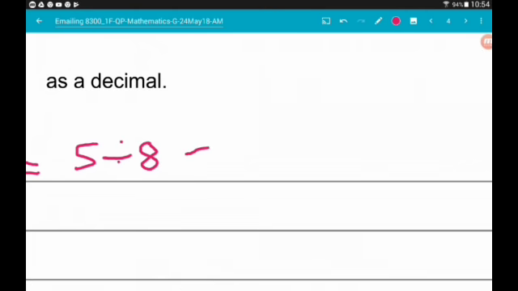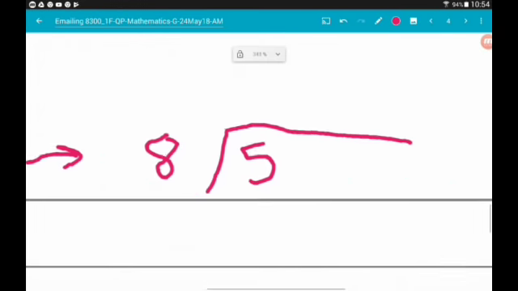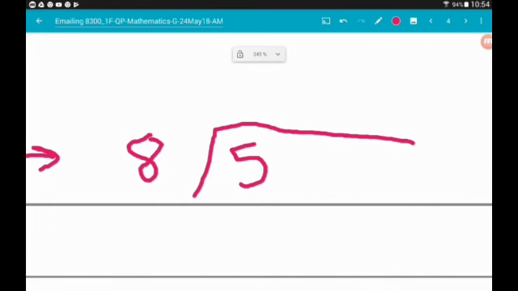So in the bus stop, we're going to have 5 on the inside, 8 on the outside. So how many times does 8 go into 5? It doesn't. So what we do now, after the 5, we put a point 0, and we also put a point at the top.